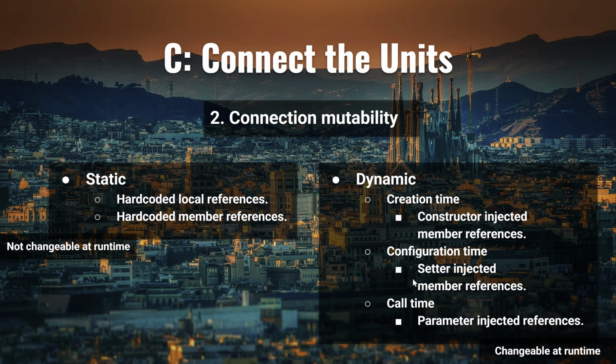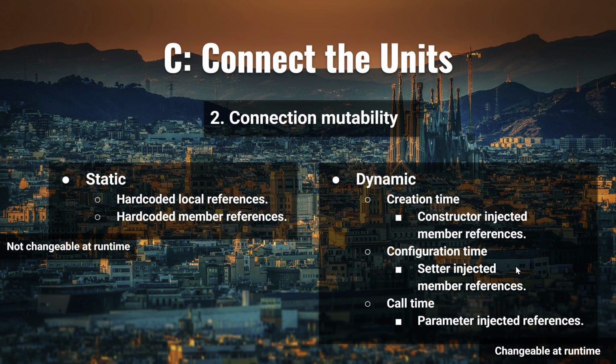You typically change or mutate the connection from one class to another by injecting a reference to the second class into the setter method on the first class. This is also sometimes called setter injection. We also know this from dependency injection.